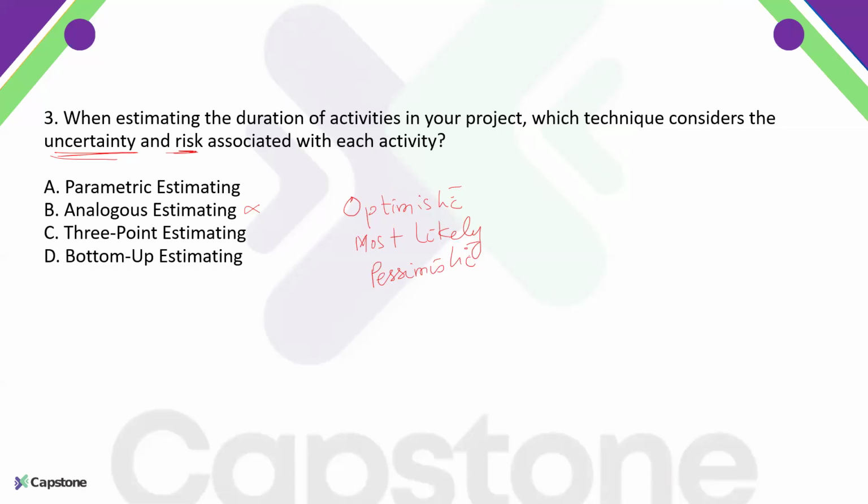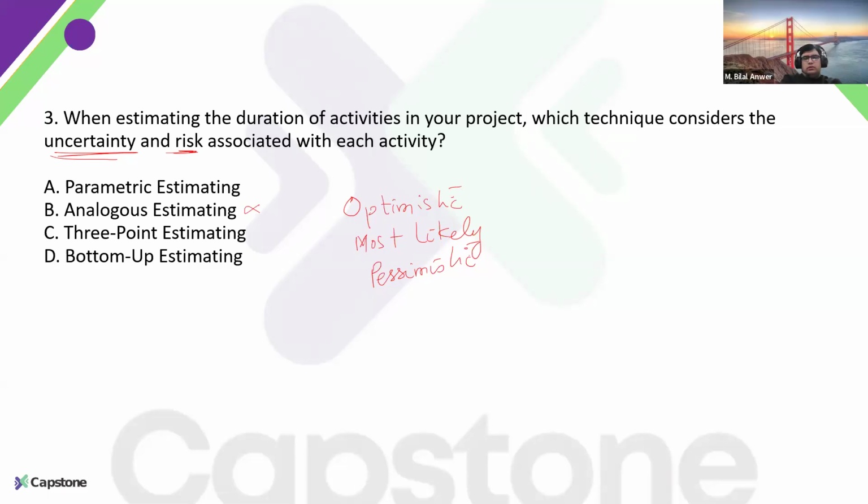Bottom up covers almost every step of the WBS, which is more time consuming. But from the uncertainty perspective, bottom up estimating is not the right answer, I think, as I'm looking into it. Yes, three point is a range.